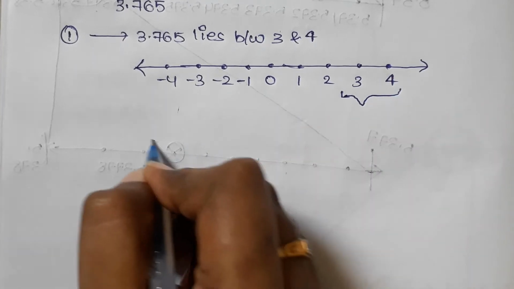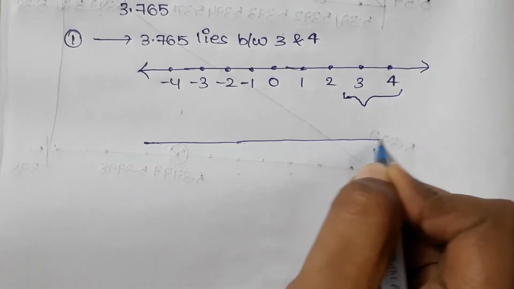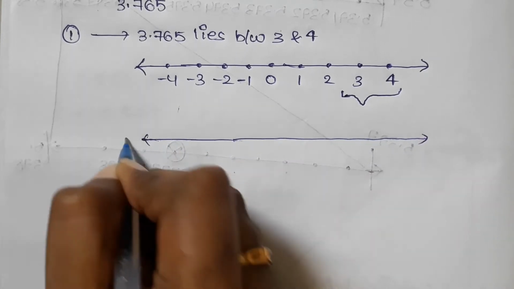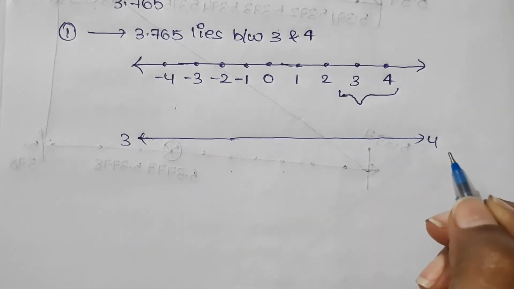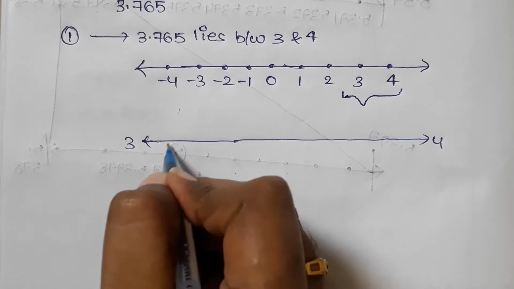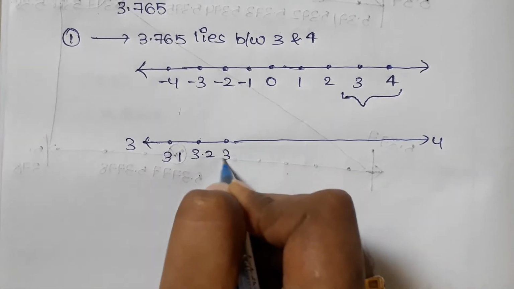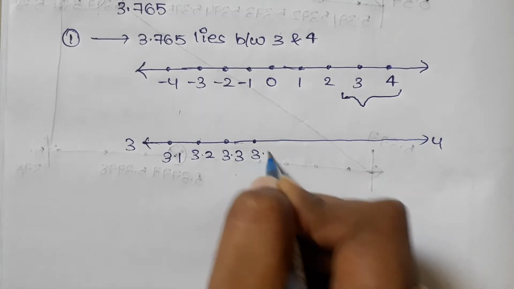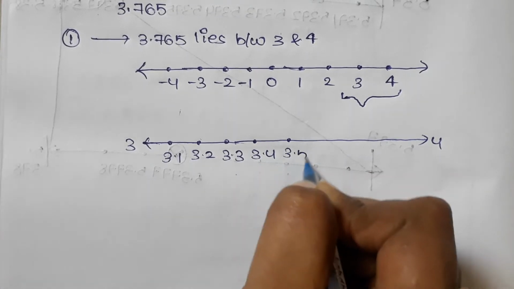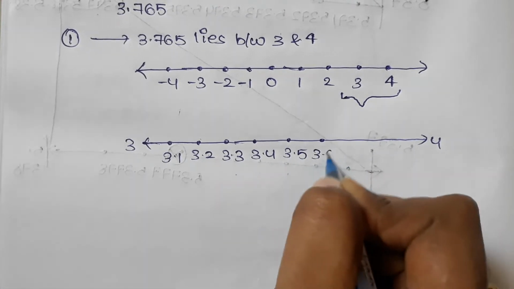And now let us draw the number line, that is 3 and 4, and it is divided into 10 equal parts, and each one marked as 3.1, 3.2, 3.3 and so on up to 4.